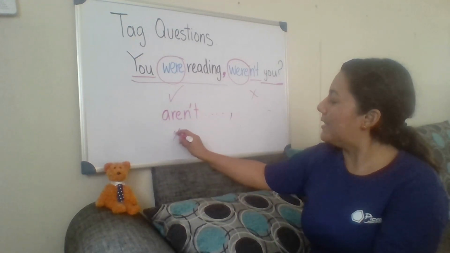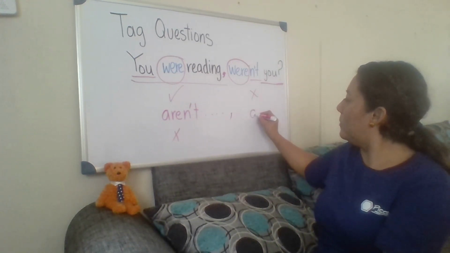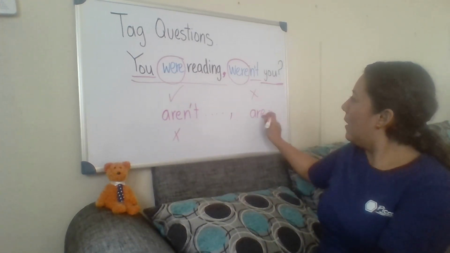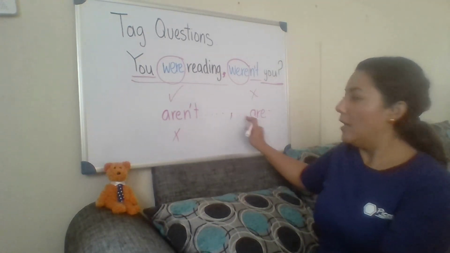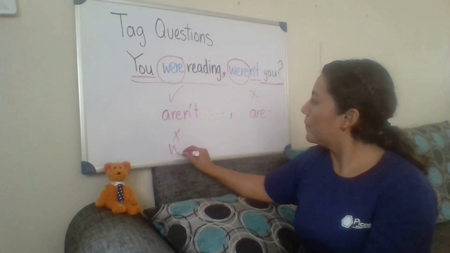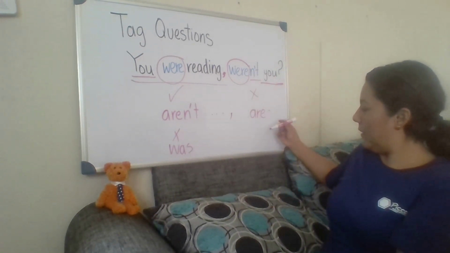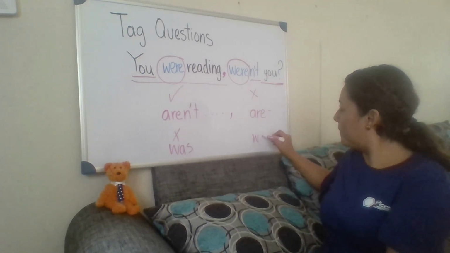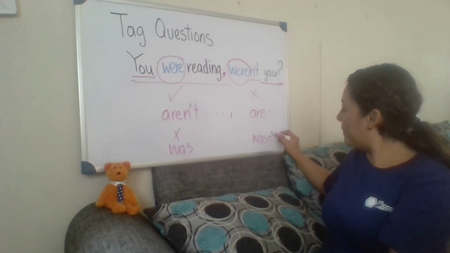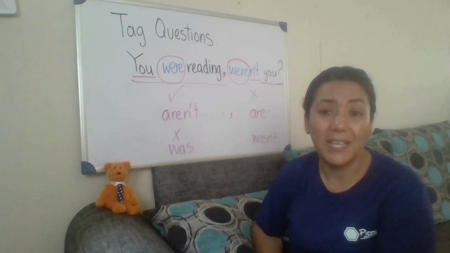This is negative. This would be affirmative. If this is affirmative, this will be negative. Okay? Simple. It is very easy. Now, okay, you got that? Remember the rules. What you do first, then, next, and at the end, what do you do?